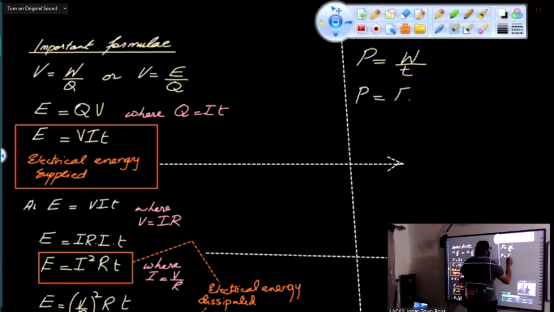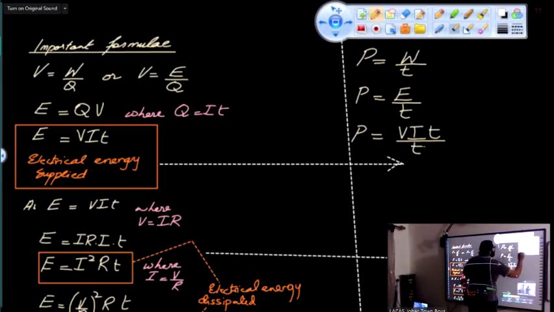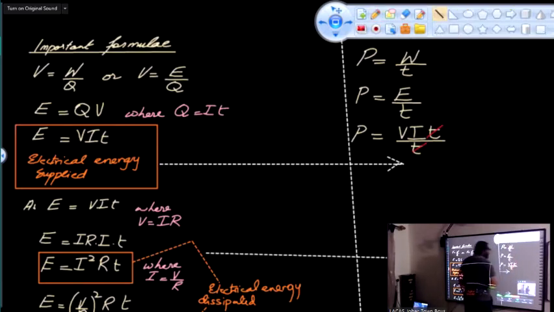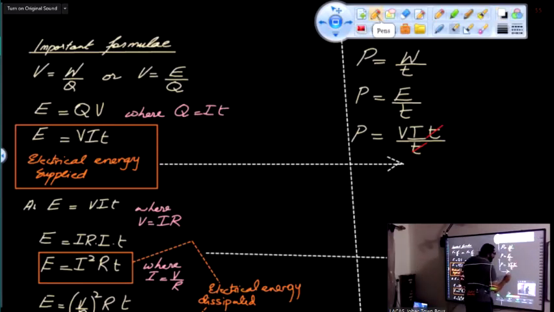energy over time. So if I'm talking about this, we are talking about electrical energy. So electrical energy is VIT over time, which means that I can cancel this T and this T. So what I'm left with as power is equal to VI.